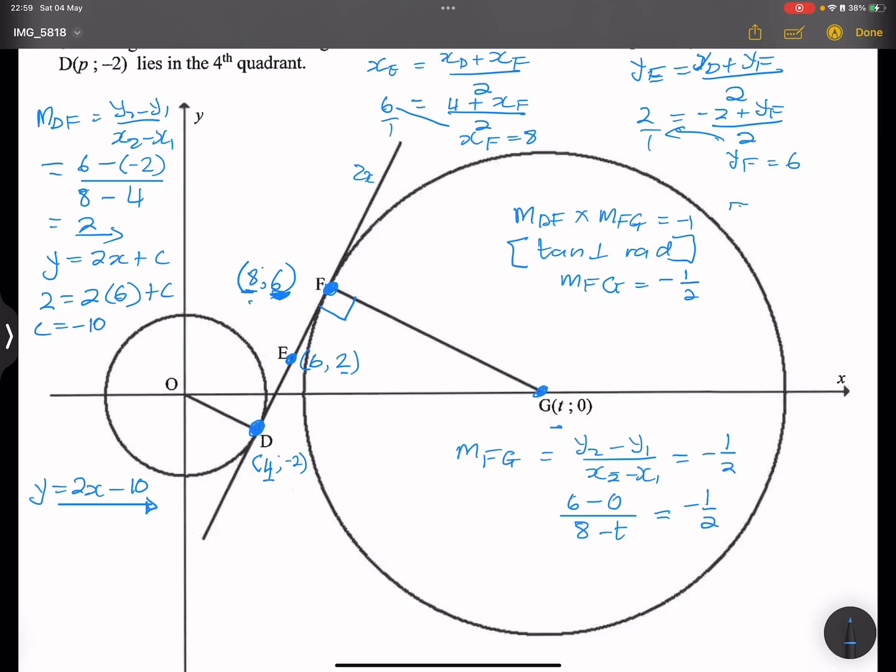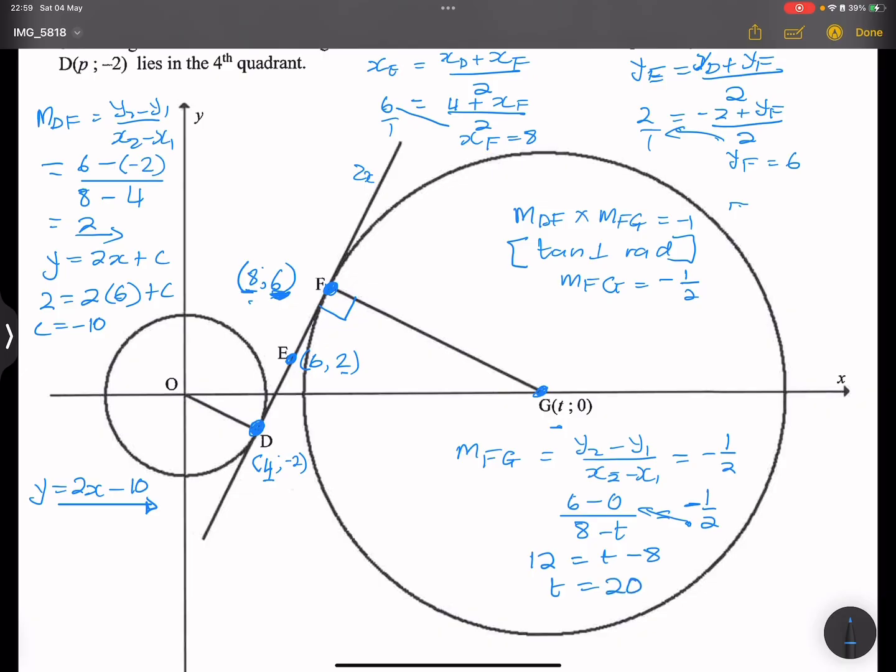All right, so let's cross multiply there. So that's 2 times that 6 minus 0, which is 12, is equal to -1 times 8 minus t. So that changes the sign. That would be t minus 8. And if I take that to the other side, t is equal to 20.